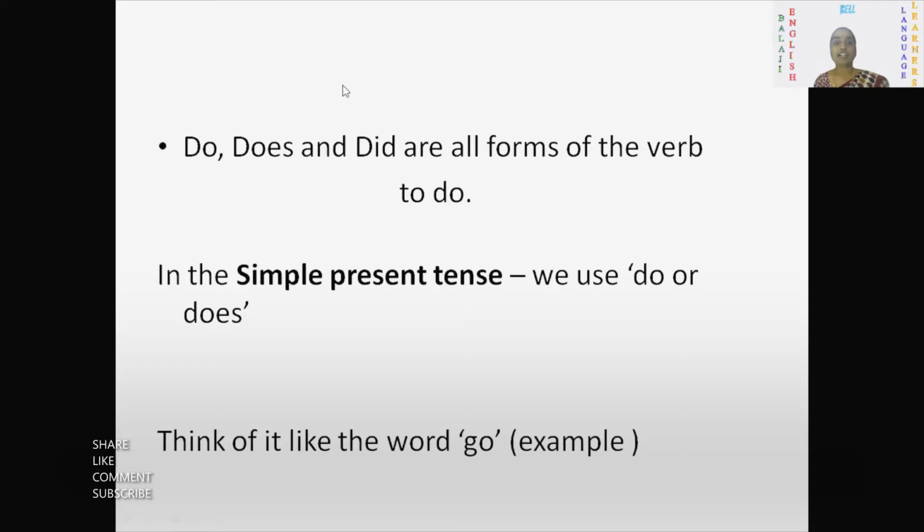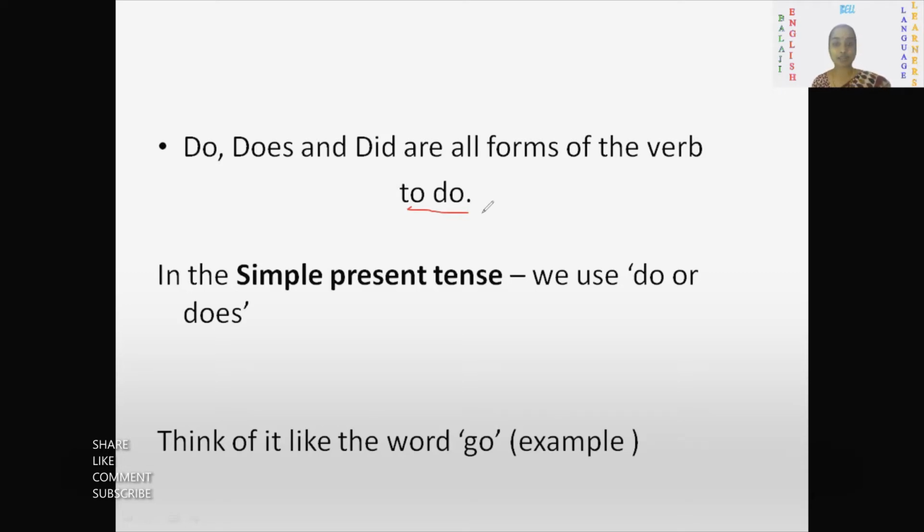Do, does, and did are all forms of the verb to do, like to do something, to do some work. Whether you have to use did, does, or do, everything will come to a conclusion in this session if you watch it till the end.